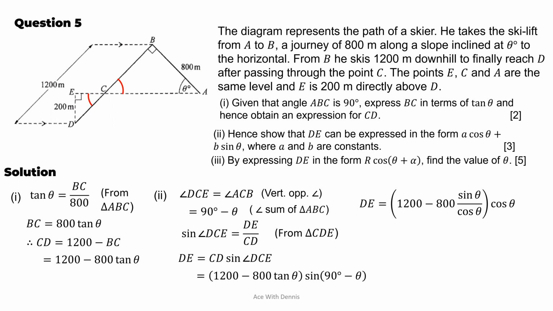And we know that sine (90 degrees minus theta) is cosine theta, and tangent theta is sine theta over cosine theta. Then DE will be (1200 minus 800 times sine theta over cosine theta) times cosine theta. Then we expand the bracket, we get 1200 cosine theta minus 800 sine theta, hence shown.